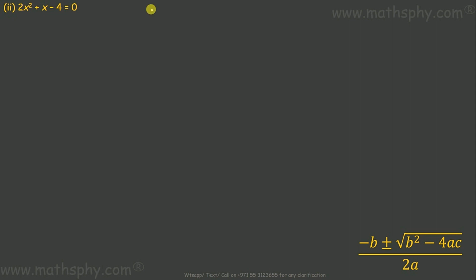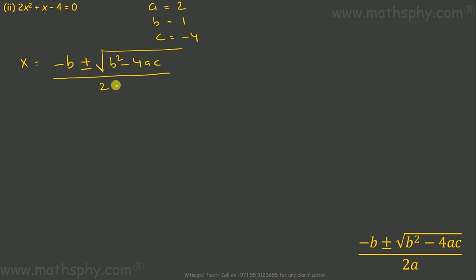This one here, a is 2, b is 1, and c is negative 4. So x would be minus b plus minus root b square minus 4ac over 2a. Minus b is minus 1, plus minus root 1 square minus 4 into a, which is 2, into c, which is negative 4, over 2a, which means 2 into 2 is 4.